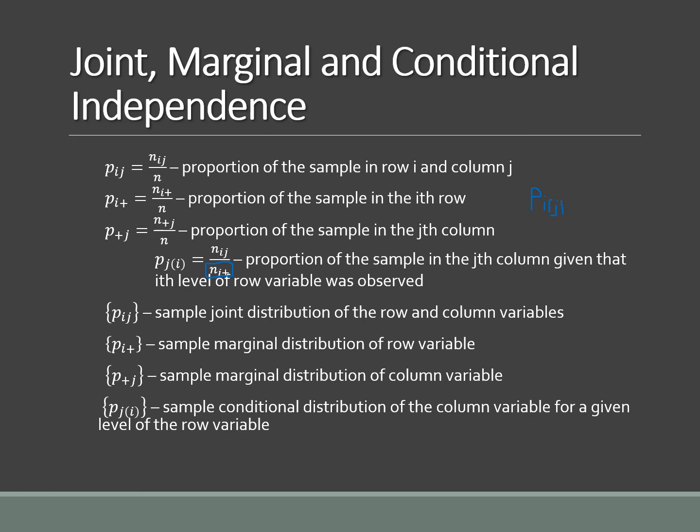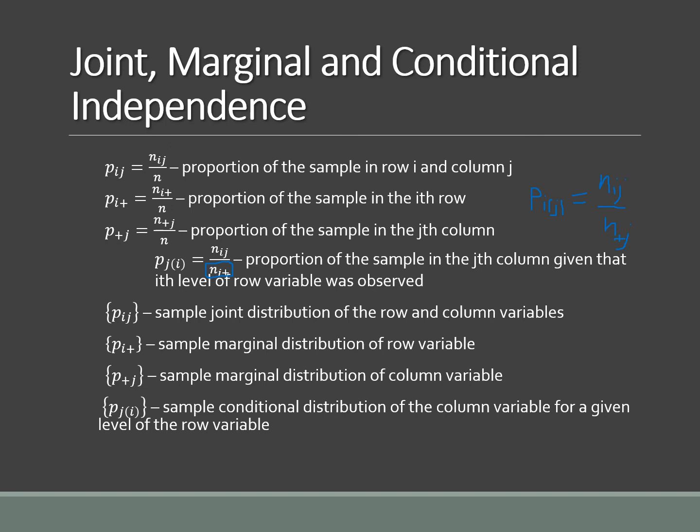So in this case, this is equal to nij over n plus j. Apologies for the poor handwriting. So that is how we get pi given j. It is nij over n plus j.